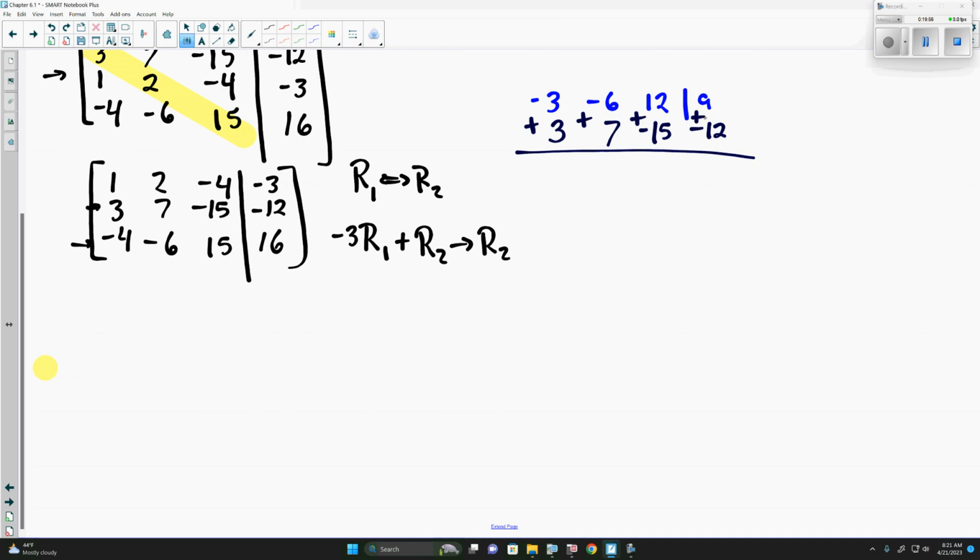And we're going to add these together. Well, 3 plus negative 3 is 0, like we wanted. Negative 6 plus 7 is 1. That's kind of nice. 12 plus negative 15 is negative 3. And 9 plus negative 12 is negative 3.